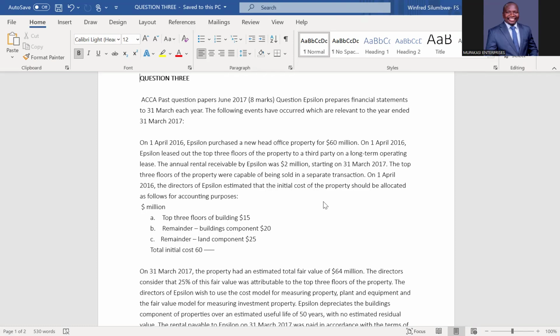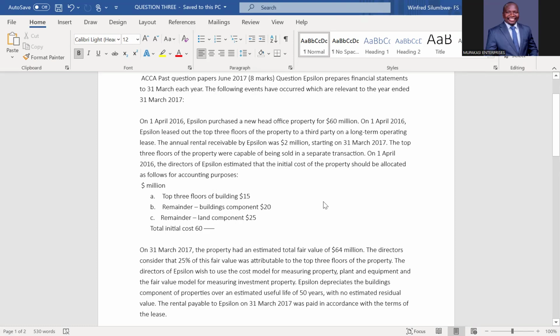The top 3 floors of the property were capable of being sold in a separate transaction. Mark that. On 1st April 2016, the directors of Epsilon estimated that the initial cost of the property would be allocated as follows for accounting purposes: the top floor building is 15 million US dollars, the remainder building 20 million US dollars, and the land 25 million US dollars, total 60 million.